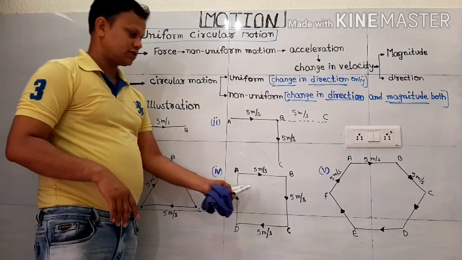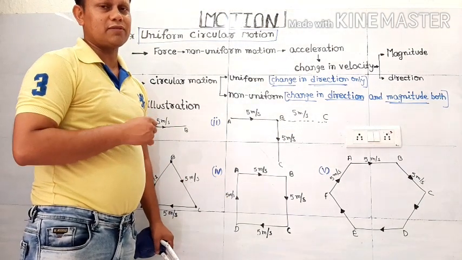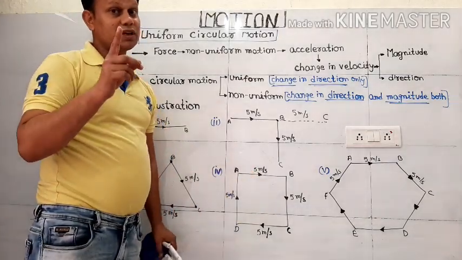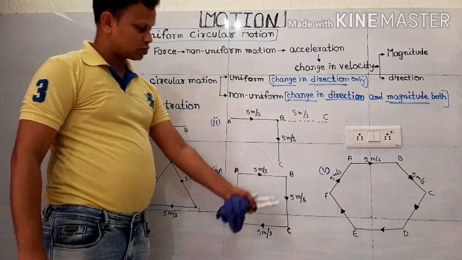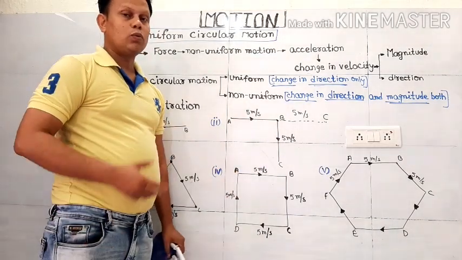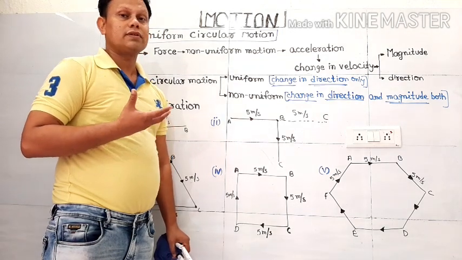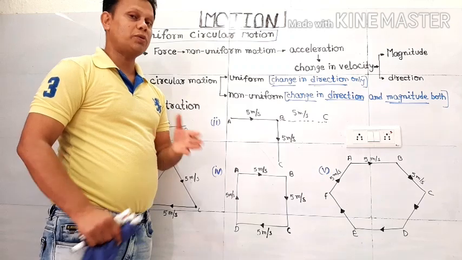Now coming to this path. This is a square path. Can you think why I have made a square path? Because you can see here all the time the speed remains constant. Here I have not changed the speed. At this square path, how many times has the force been applied and for what purpose?